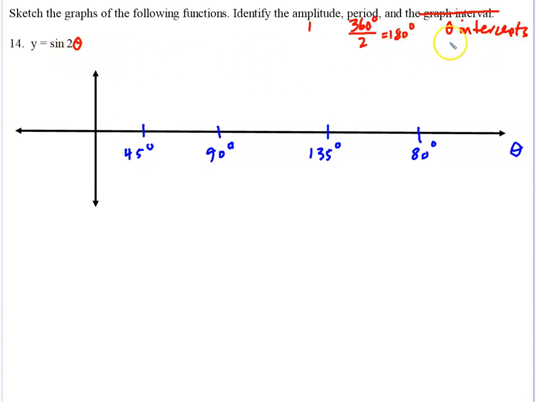For sine, that's 0, half the period, and the period. All right, so for us, that's going to be 0, 90, that's half the period, and 180. Okay, so sine's going to cross here, here.